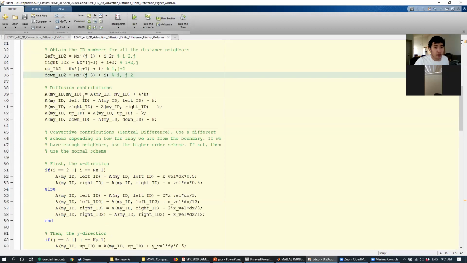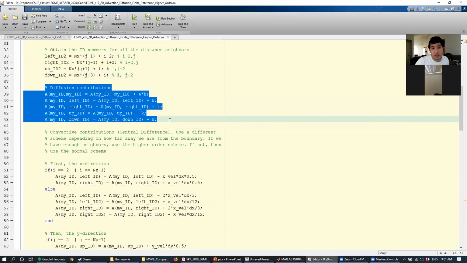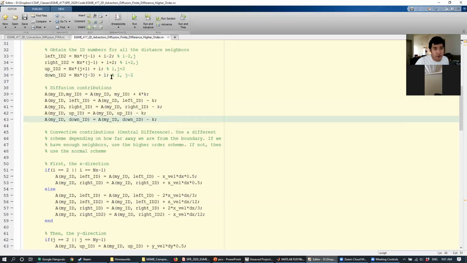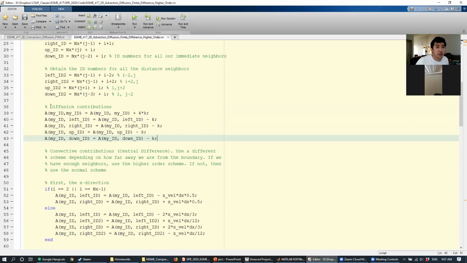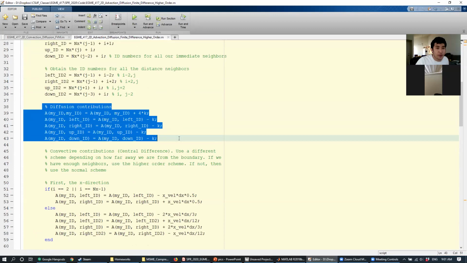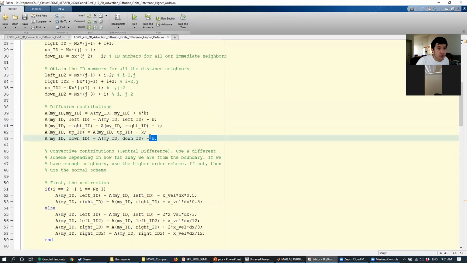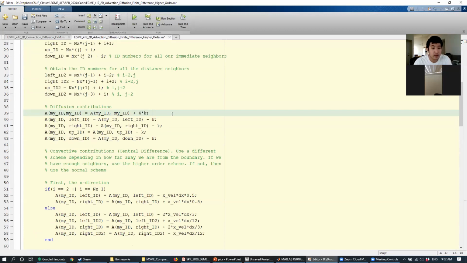So this next block of code is just the diffusion coefficient. I've broken it up into the diffusion and the convection in x and y. The first thing we have is diffusion, which is pretty straightforward since we're using the same differencing scheme for our diffusion term. So we're going to add a k to my ID, which is phi i comma j.